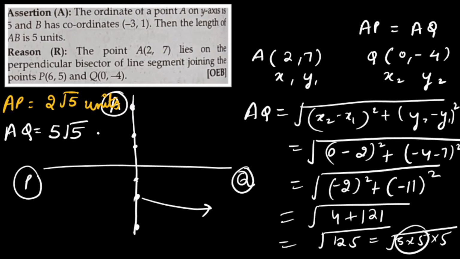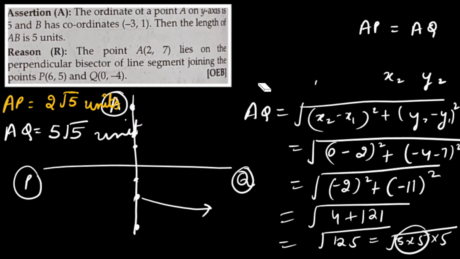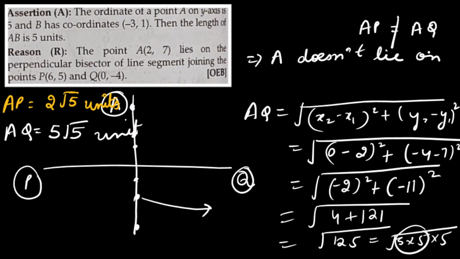So AP is equal to 2 root 5 and AQ is equal to 5 root 5. Both of these are not equal. Length AP is not equal to length AQ. Which means A doesn't lie on the perpendicular bisector of PQ.